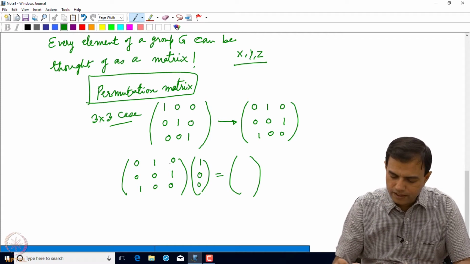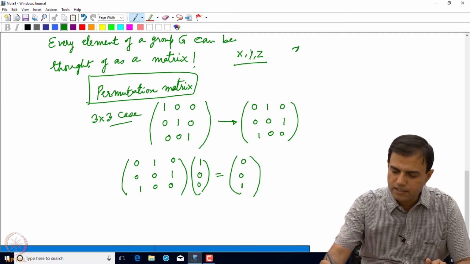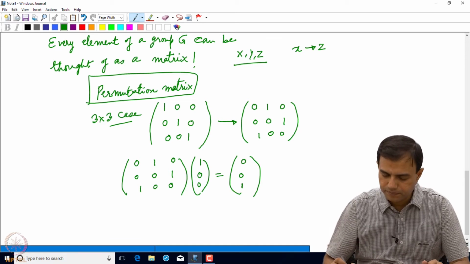When I multiply, I get 0, 0, and 1 for the last one. So here the x-axis goes to the z-axis.